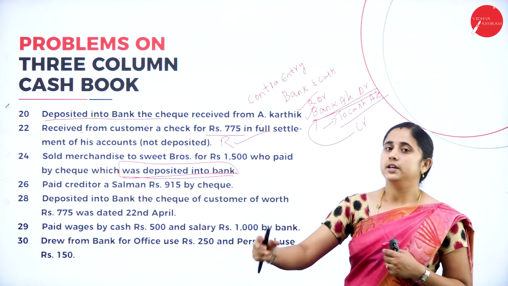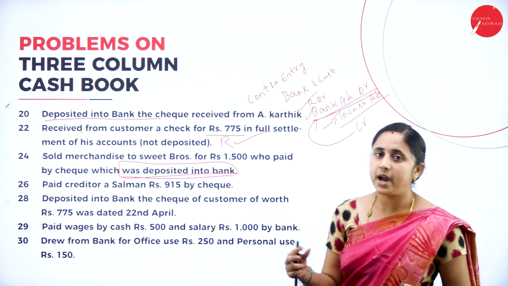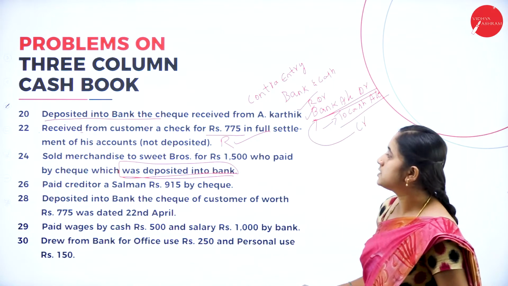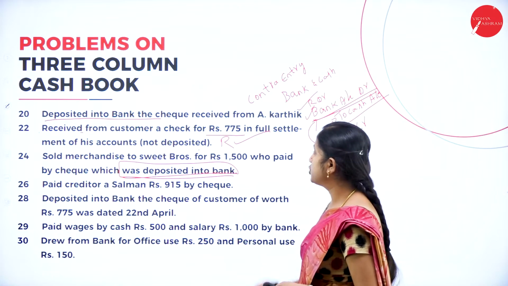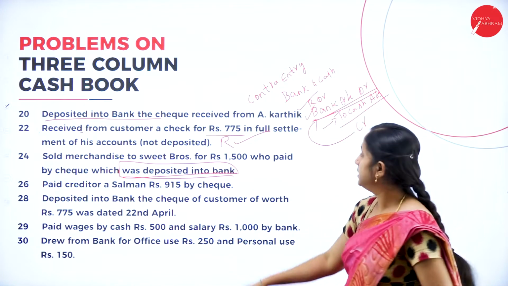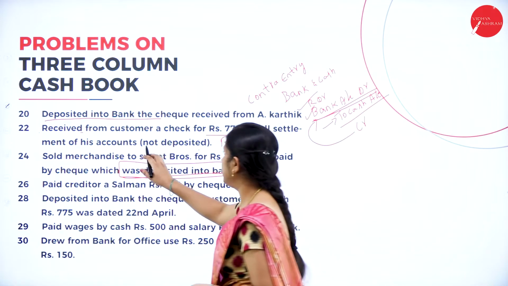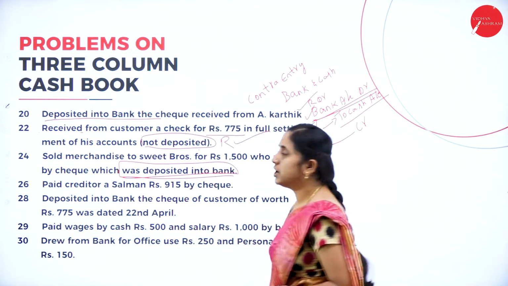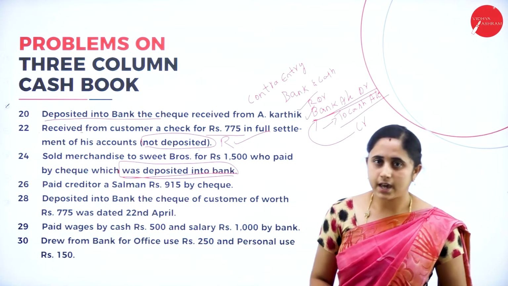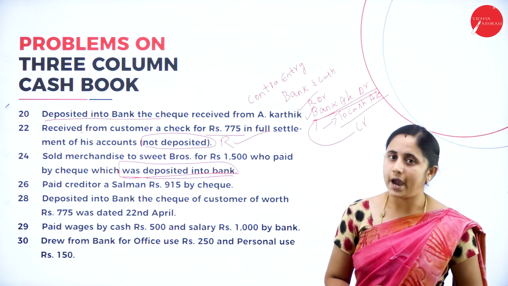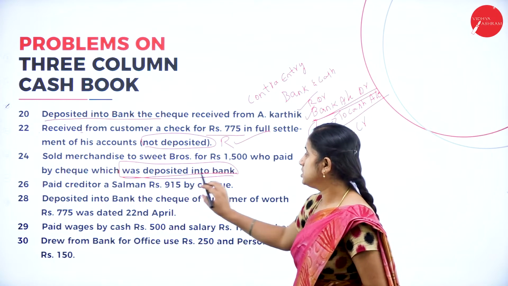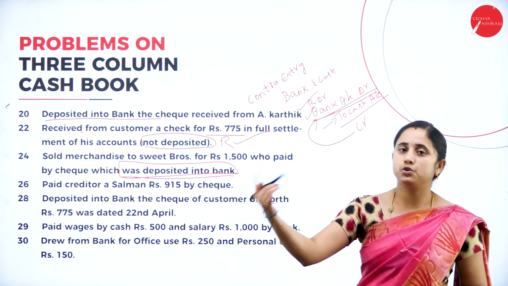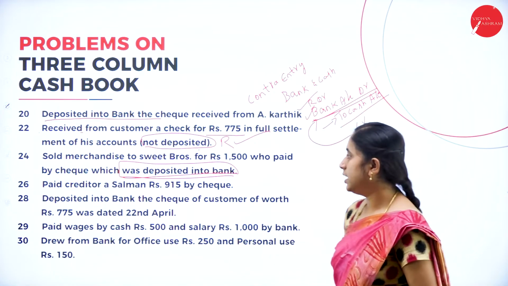Here it is directly treated as a bank transaction, so the sales account amount should be written in the bank column. In the last transaction you had not deposited, and not deposited means equal to cash, so the amount was written in the cash column. Here, since it was deposited into the bank, the amount should be written in the bank column.